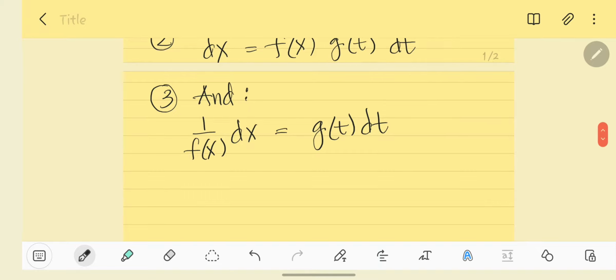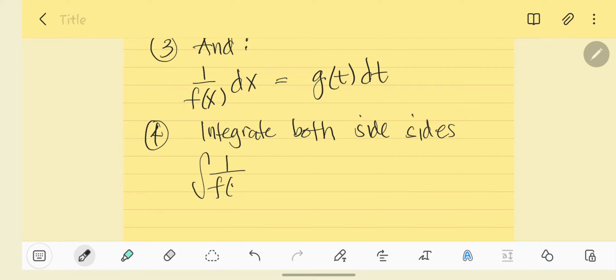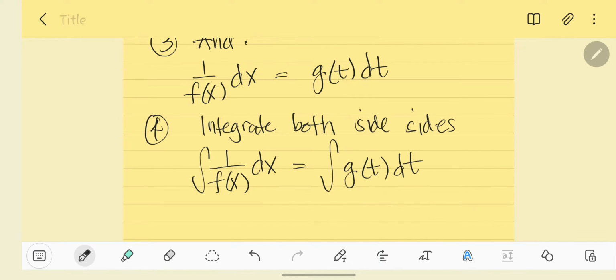So now we have both like terms in the equation, so we can integrate both sides. So integrate both sides. So now 1 over function of x dx is equals to function of t dt.